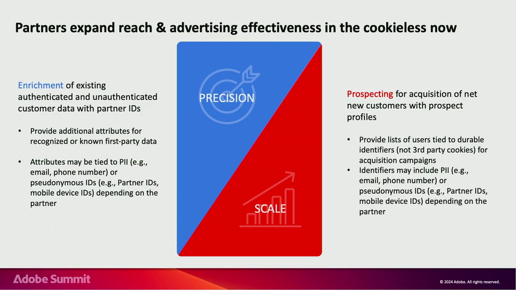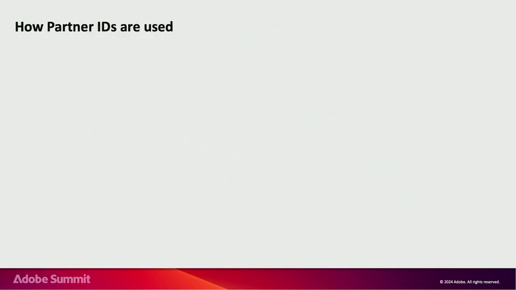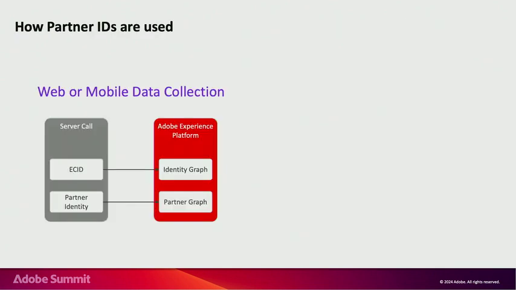Yep. So let's talk about how we treat this data that's coming into the system. Just a second ago, I was talking about server calls and sending data into data collection servers. We talked about ECID, so that's the primary identity that the Adobe stack uses to tie data together. But when you're running code on your website, yes, you have your tag manager running the JavaScript. You're going to have another snippet that makes an API call out to that partner to get information back on that person who is visiting the website at this point in time.